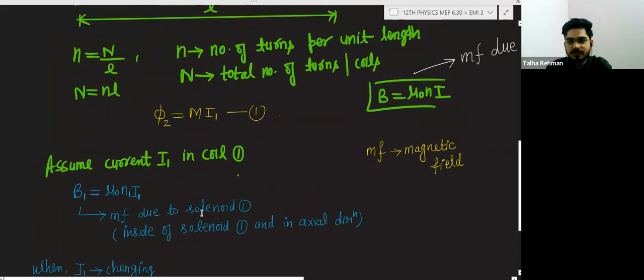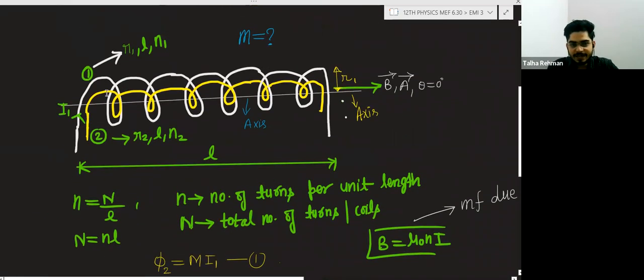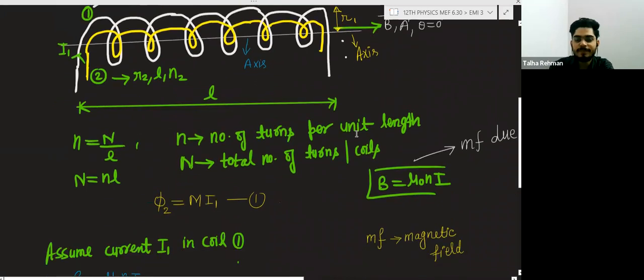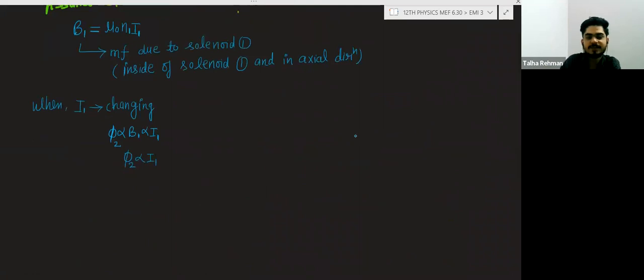Now we will focus on calculating the magnetic flux linked with this yellow color coil. So what is the formula of magnetic flux? What is phi 2? I am writing phi 2. Phi 2 is the magnetic flux linked with solenoid 2.